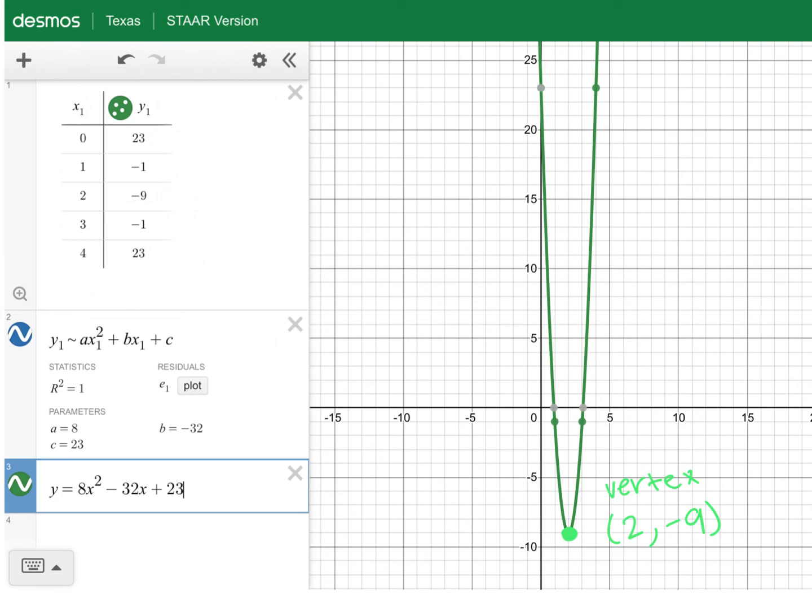And now let's look at those x-intercepts. So my x-intercepts are when they cross the x-axis. And so that is at 1, 0, and 3, 0. And remember, your x-intercept is the same thing as your zeros.